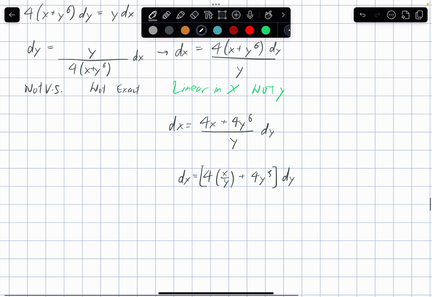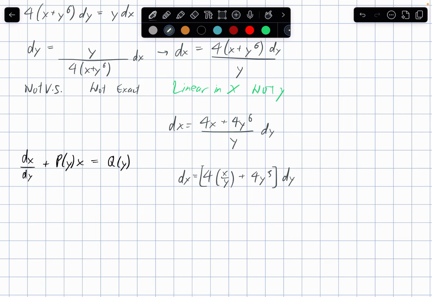So yes, this example is linear in x, not in y. So the standard form is expected to be dx over dy plus p of y times x equal to q of y.